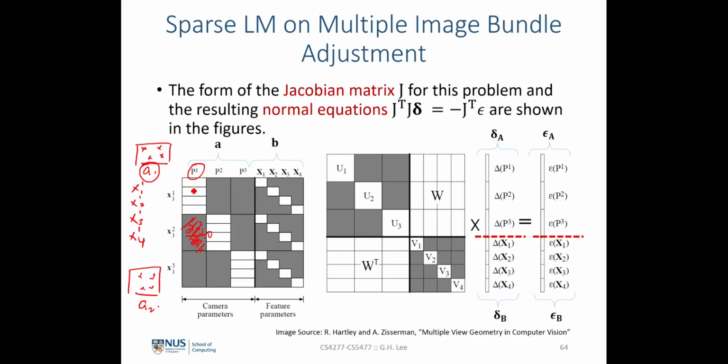But it's not going to be 0 in the first block, because the first camera matrix is affecting the points that are reprojected onto the first image. Similarly, the first camera matrix is not going to affect the reprojected points in the third image, which we denote as A3. There are 4 of these points, and all the partial differentiation in this block is going to be equal to 0 as well.